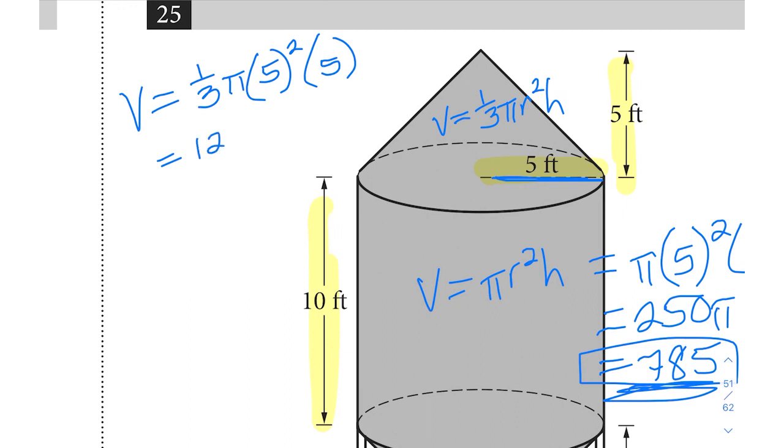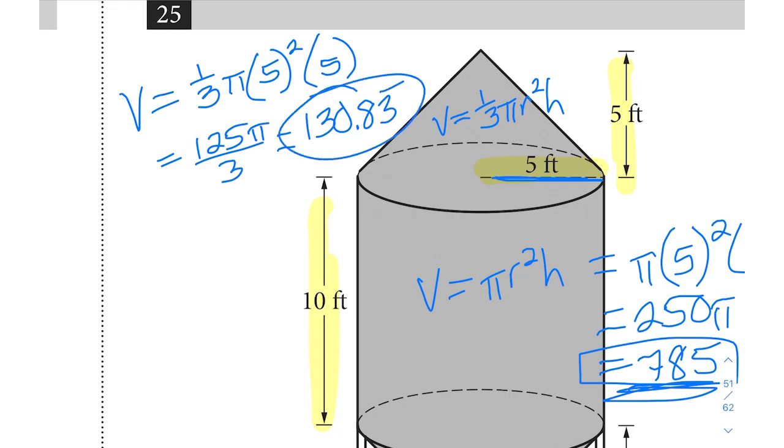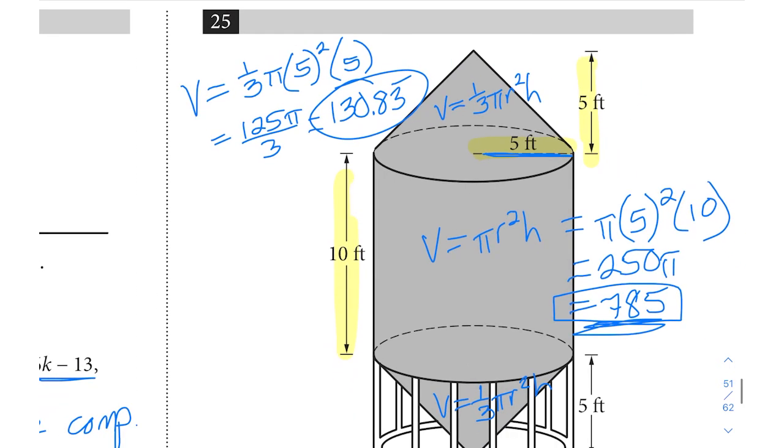And if we do that math, we get 25 times 5, which is 125 pi divided by 3. And when we multiply it out to get an exact decimal, we get 130.83 repeating.